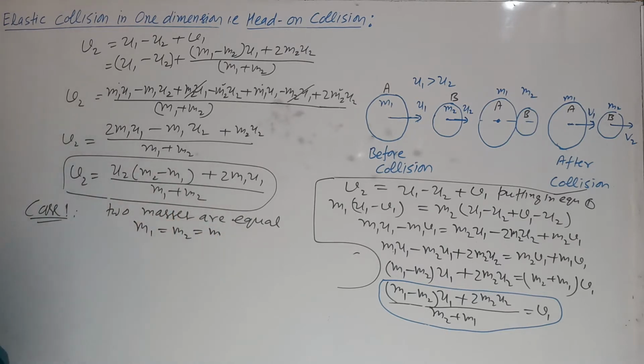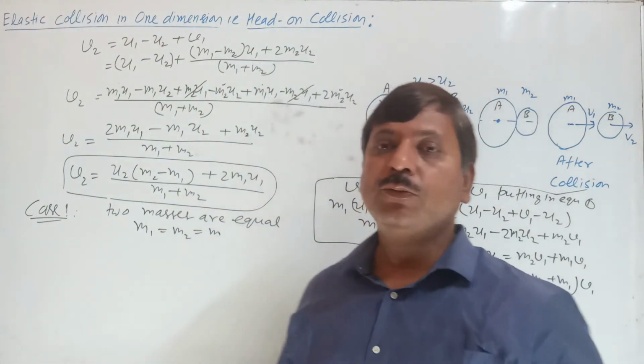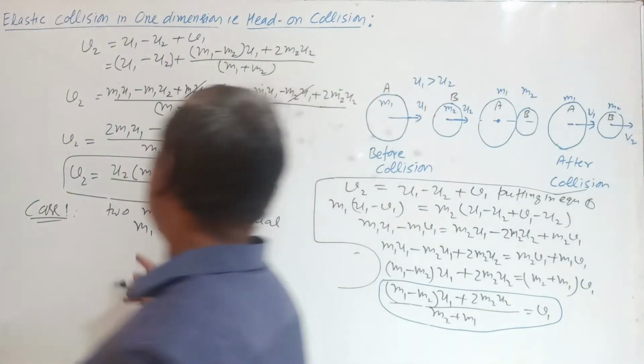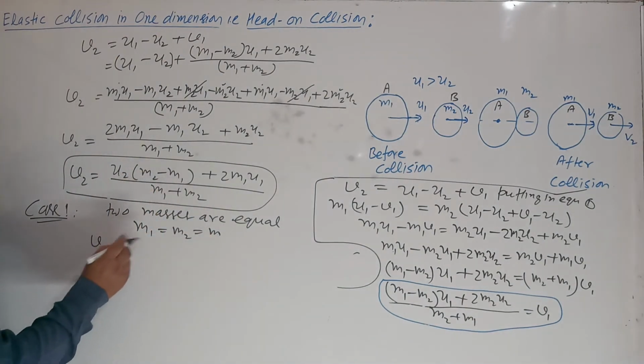Then what happens? If m2 is equal to m1 is equal to m, then what is v2?